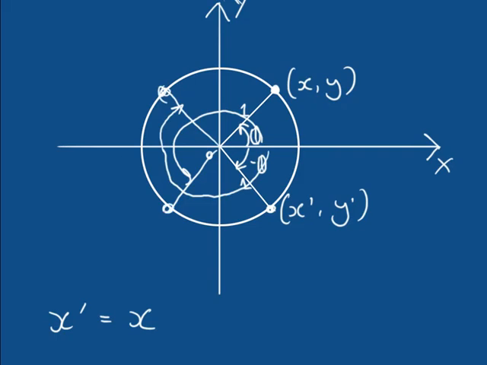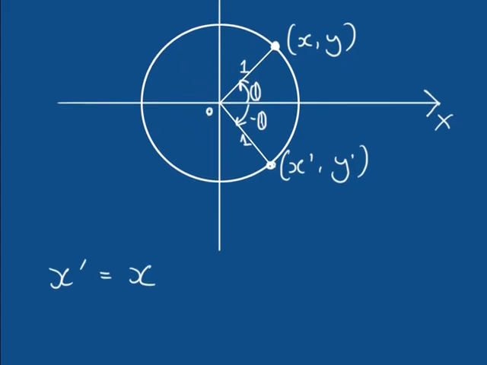And we can see our positive rotation's y coordinate has become negative, but as soon as this guy becomes negative, our negative rotation's y coordinate becomes positive. So what we can say in general terms is that y dash is equal to minus y. So this is to say that the x coordinate of a negative rotation is equal to the x coordinate of a positive rotation, but the y coordinate of a negative rotation is equal to minus the y coordinate of a positive rotation. Now we can extend this concept further.